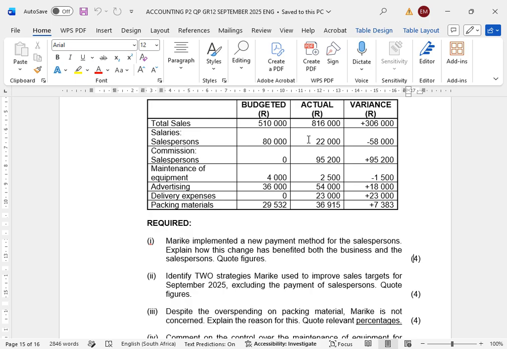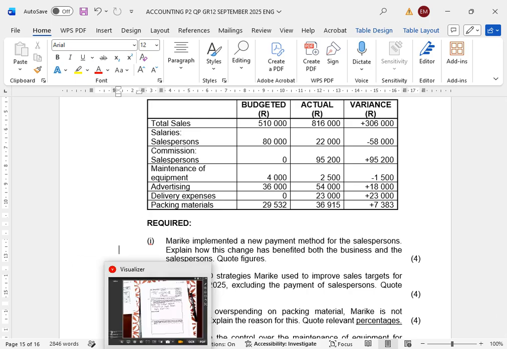The actual sales of 816,000 is more than budgeted 510. Why do you think our sales is now so much better?